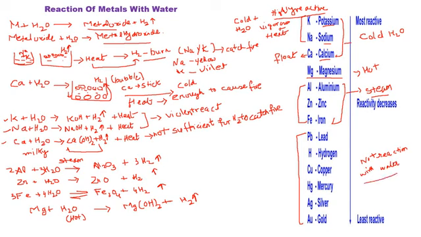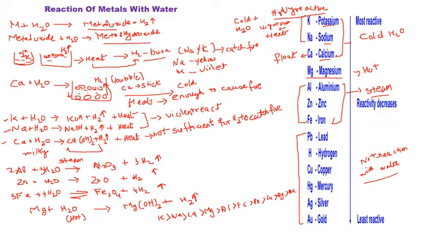Clear? Now let me write the reactivity order of metals towards water. Potassium is highly reactive, then comes sodium, then calcium, then magnesium, then aluminium, then iron, then Pb, then copper, then Ag, and then comes Au.